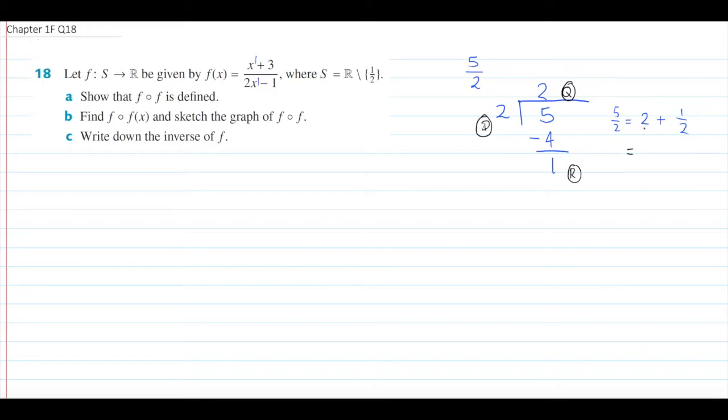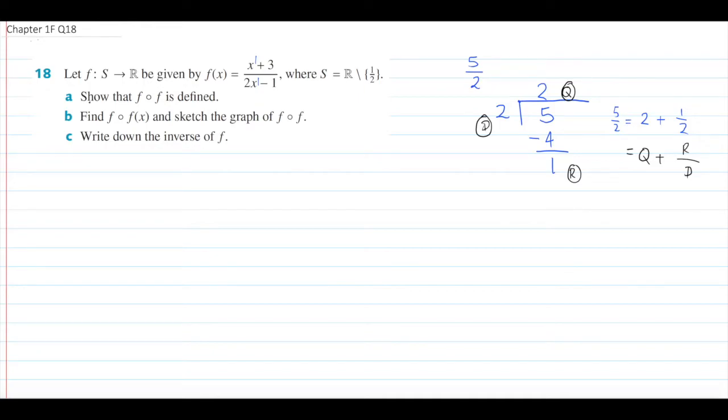You have 2, which is your quotient, plus your remainder, which is 1, R, divided by your divisor, which is 2, D over here. So this is simply another way of expressing a fraction, okay? That's it. I'm going to show you here on this question, so keep that in mind. We're going to need it for question 18.